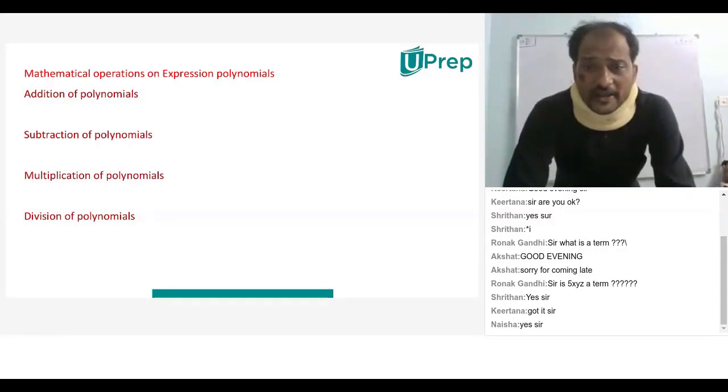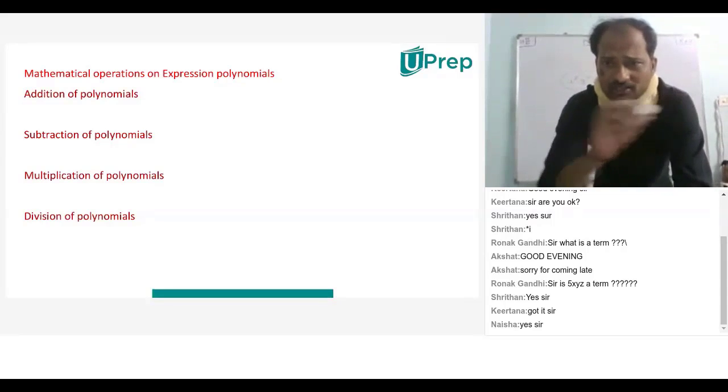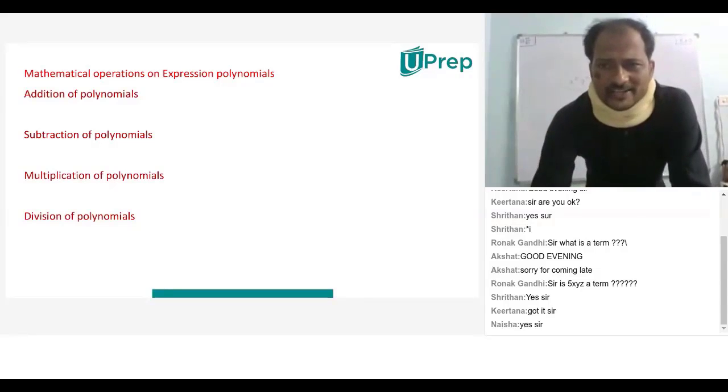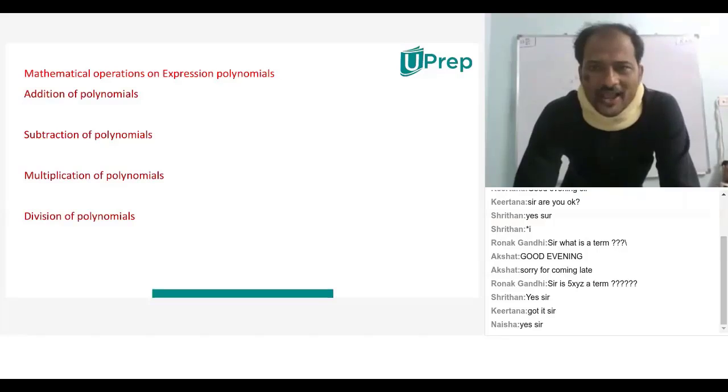Now addition of polynomials will be done in two methods: one is the horizontal method and the other is the vertical method, also called the row method and column method. Row means horizontal. You all sit in a class. How do you sit? In the benches. And the benches are arranged in columns and rows.